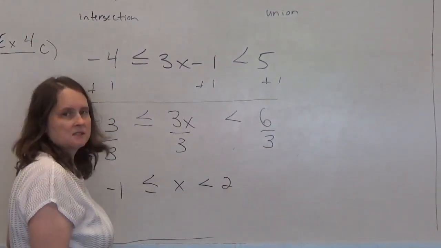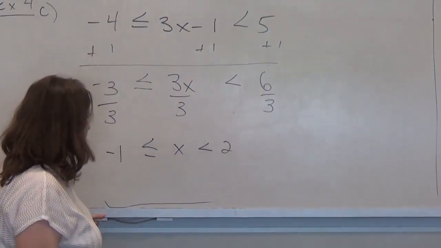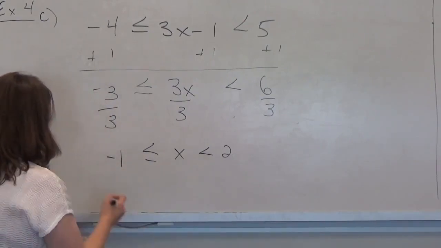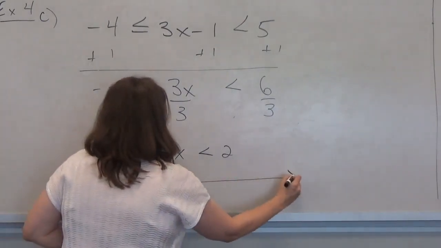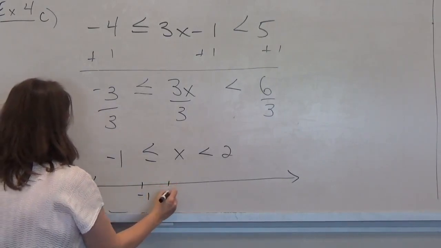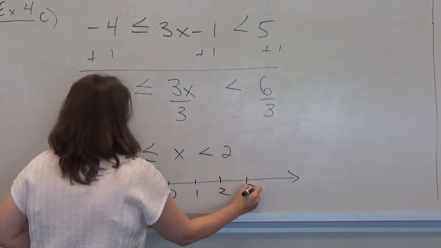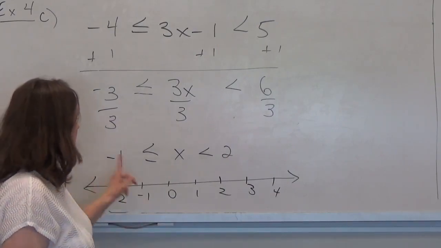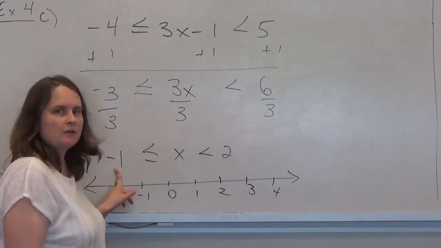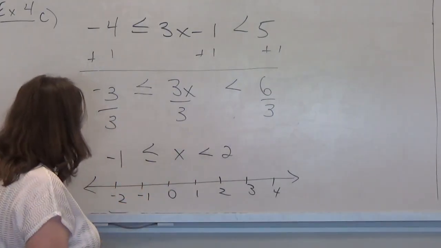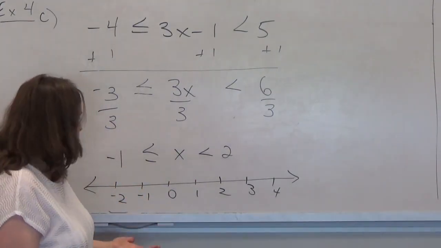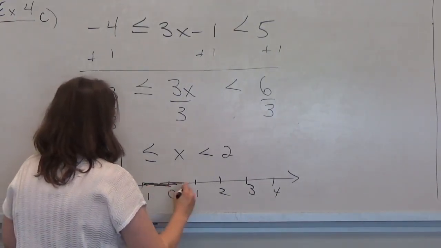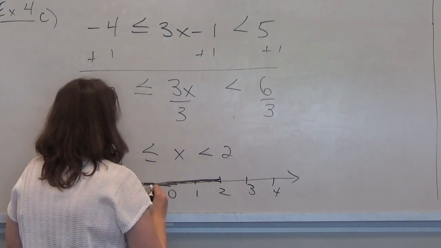How do we express this in interval notation? Let's talk about what the graph of this is going to look like. So my inequality is indicating that x is between the values negative 1 and positive 2. The graph will reflect the same thing. I need to shade everything between negative 1 and positive 2.